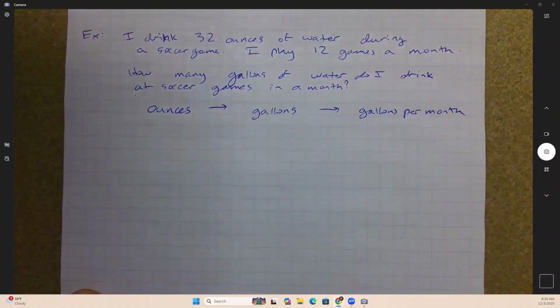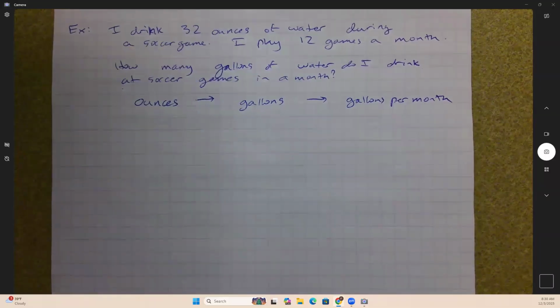So not really just a dimensional analysis question, but it involves it as part of our answer, which is often what we use this for, when we want to convert from one unit to the other in order to answer a question. Because 32 ounces, how many gallons is that? How many ounces per month maybe doesn't make a lot of sense, but gallons per month maybe makes more sense.